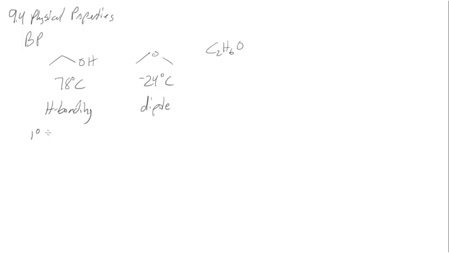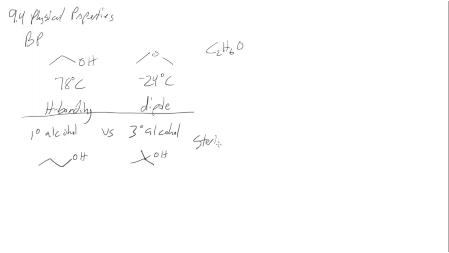What about a primary alcohol versus a tertiary alcohol? So here's a primary alcohol, and here's a tertiary alcohol. Well, now we're within the same functional group. So now the difference in boiling points is going to be based on sterics.